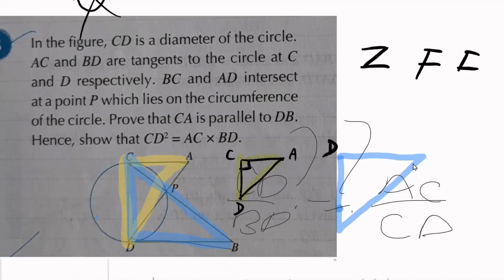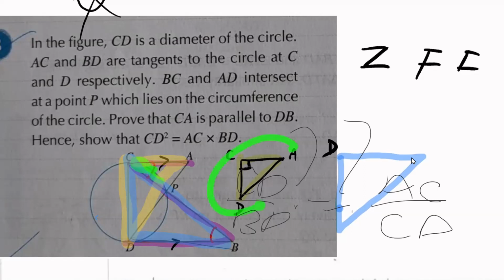This is parallel already, right? Which two angles are equal? What shape do you see here? Alternate angles. So this angle equals this angle. In other words, angle CBD is equal to angle ACB, which is the same as ACP. But that's not very relevant.